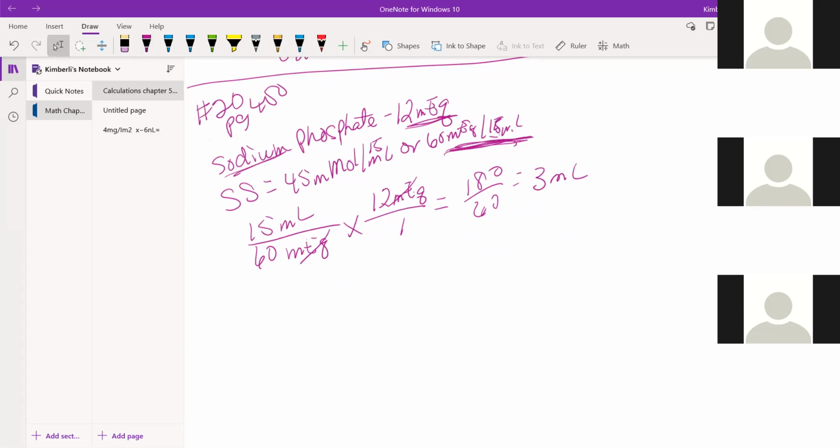Okay. But the reason I'm talking about this one is because it gives you 2 stock strengths available. And it's actually the same bottle, but in one case they're measuring the millimoles, and in another case, they're measuring the milliequivalents that are available.